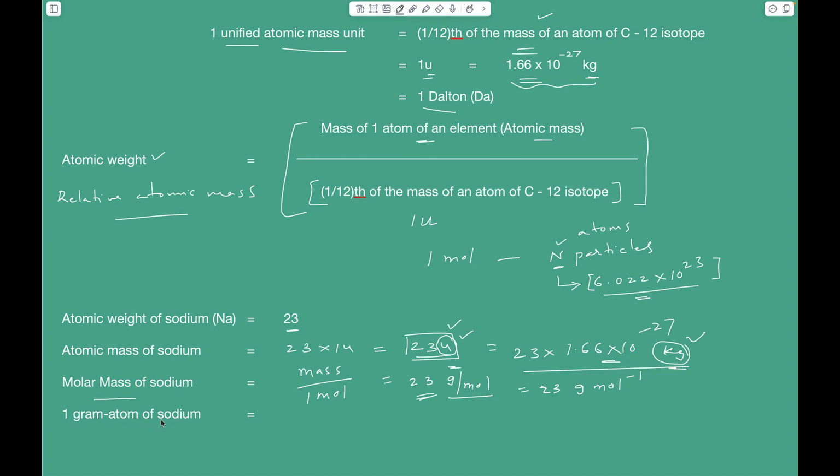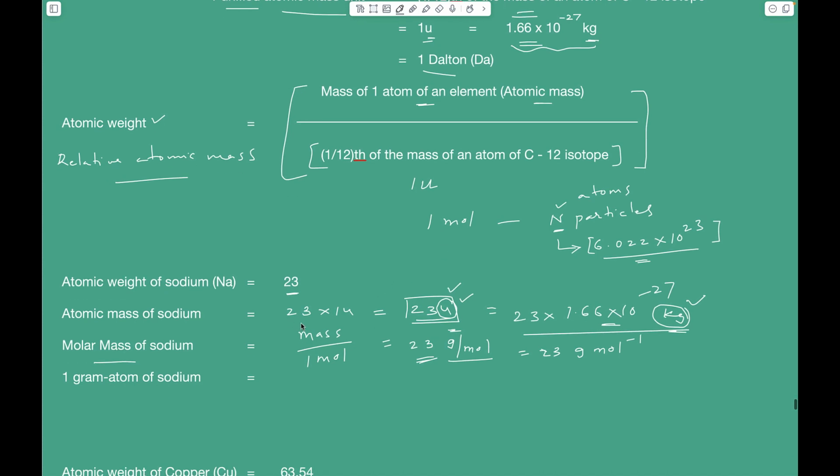Now what is 1 gram atom of sodium? Remember, gram atom is a shorter name for gram atomic weight. Gram atom and gram atomic weight are one and the same, and they are old vocabulary. And by definition, 1 gram atom of any element represents a certain mass of the element that is equal to its atomic weight in grams.